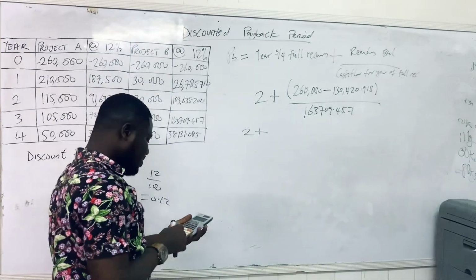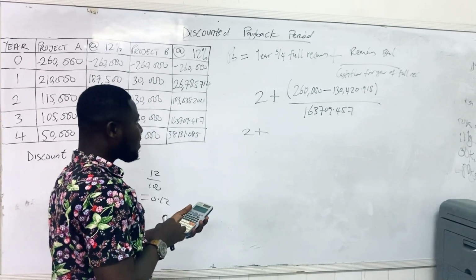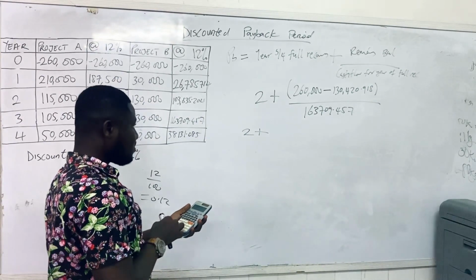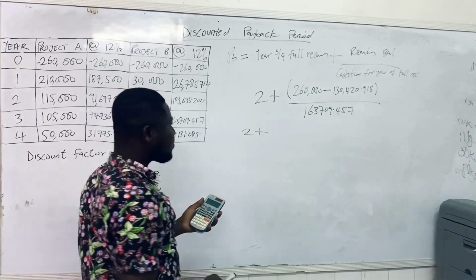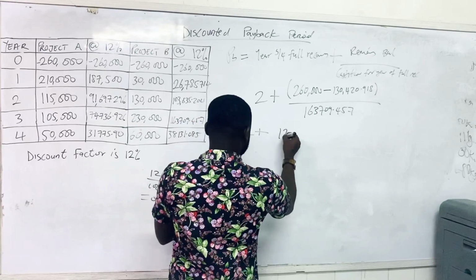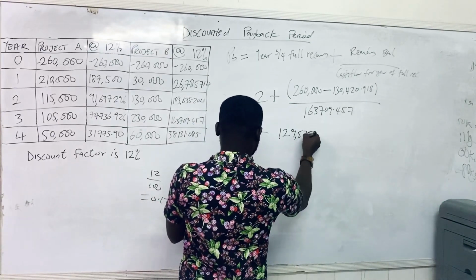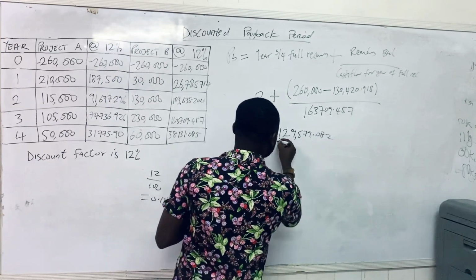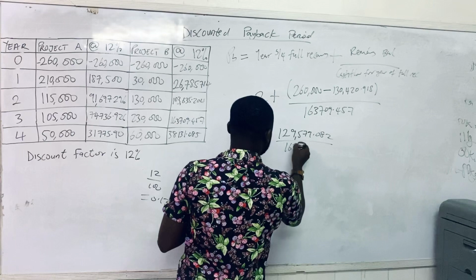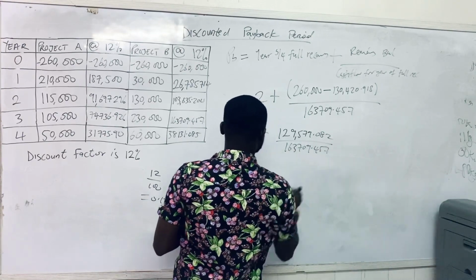Now we have our 2 plus 260,000, which is our initial investment, minus 130,420.918, which is going to give us 129,579.082 all on 163,709.457.